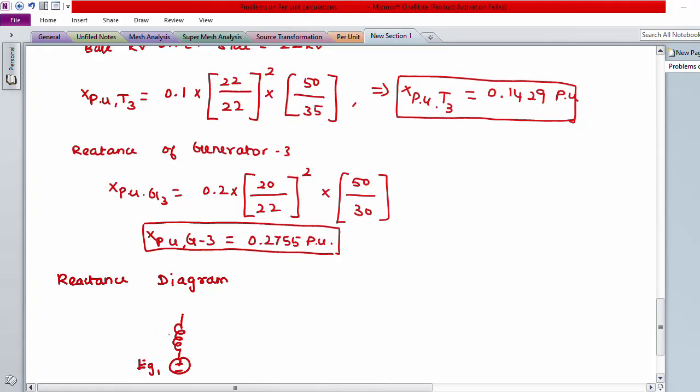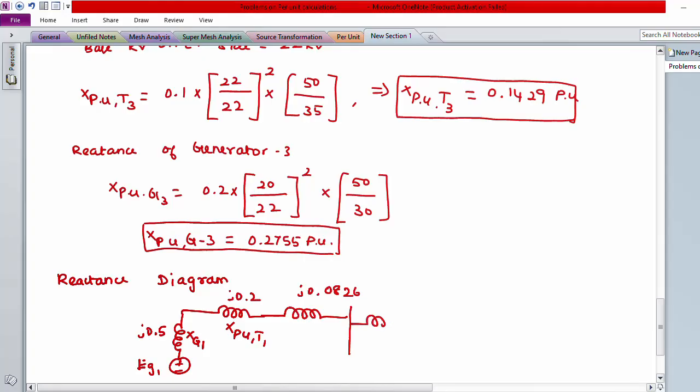So the per unit reactance for generator 1 is j0.5, Xg1. Similarly, for transformer 1, X per unit T1 is j0.2. And for the transmission line, the series reactance is j0.0826, which is connected at bus 1.